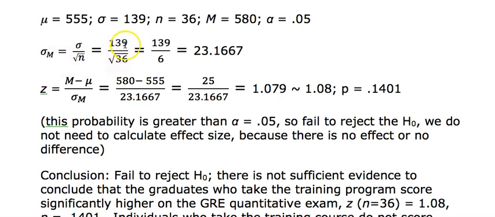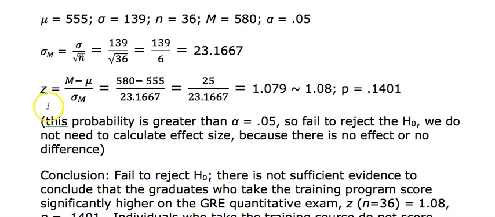Sigma is 139, n is 36, so we take the square root of 36, we get 139 divided by 6, which gives us a standard error, or sigma M, of 23.1667. Notice I round to the fourth decimal place. So now I plug in my numbers for z.